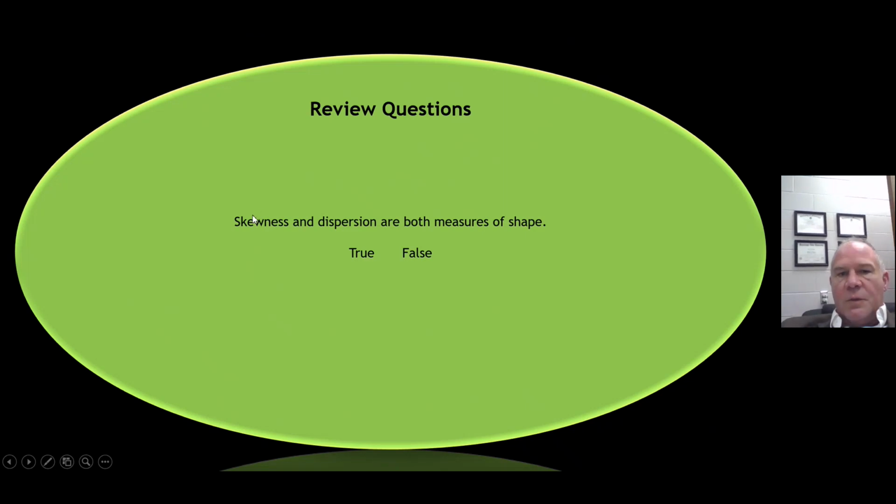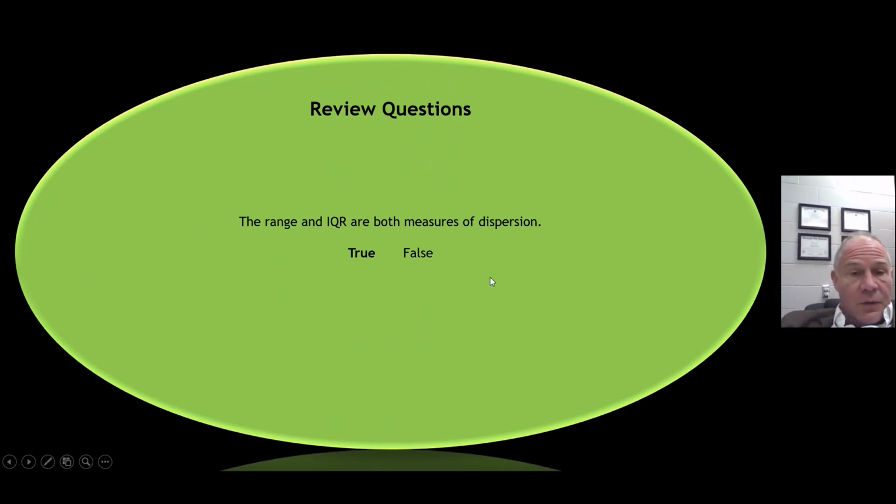It tells us something about symmetry, but dispersion, that's a measure of spread. So skewness and kurtosis would make this true. Skewness and dispersion make it false. The range and interquartile range, usually just IQR because that's a mouthful, are both measures of dispersion. And that is absolutely true, along with standard deviation and the variance and the coefficient of variation.